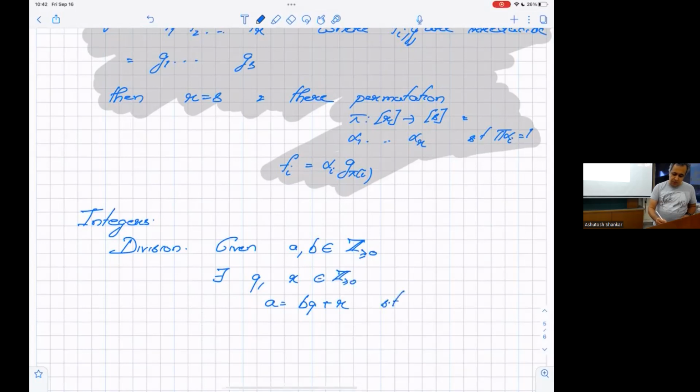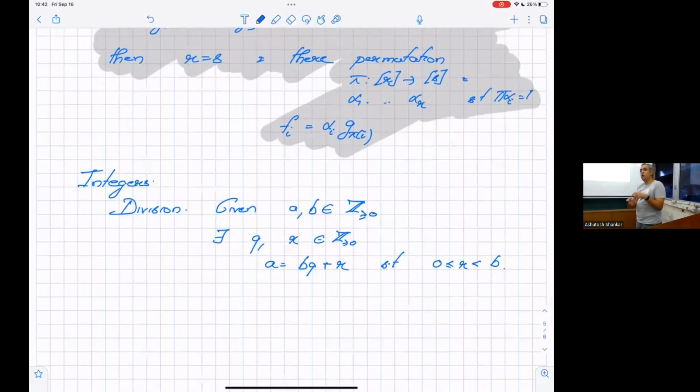The important property is that R is a number between 0 and strictly less than B. That's the key property of division. You divide A by B, get a quotient, and the remainder is a number that lies somewhere between 0 and B. This was important. We have seen the division algorithm.